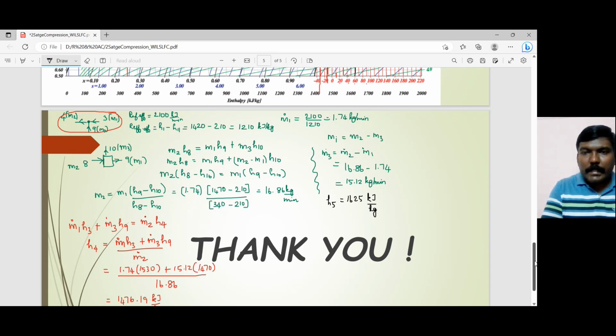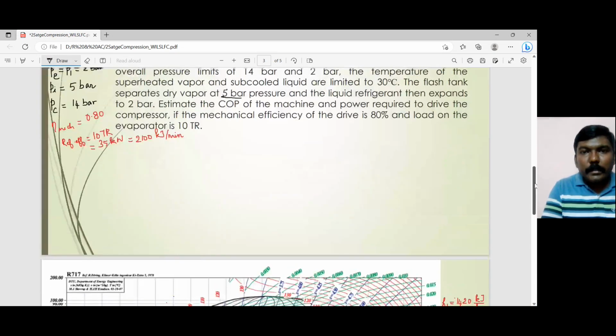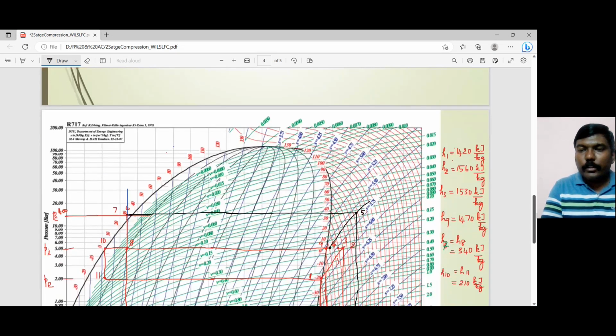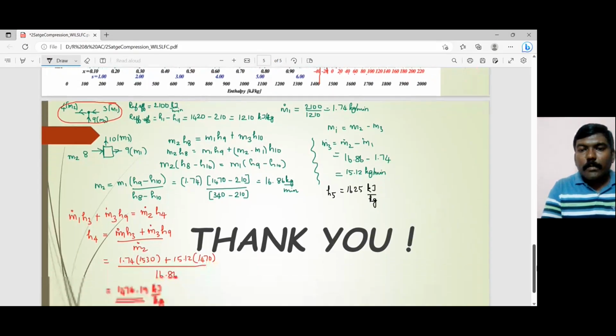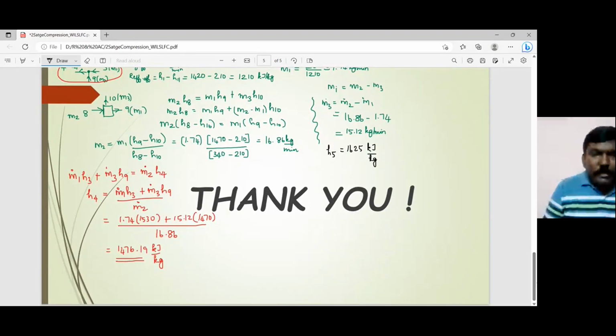The question is, they want us to find the COP of the machine. We already know the refrigeration effect. So now what we have to find out is the work done in case of the low pressure compressor. So that is going to be M1 dot times H2 minus H1. So that is what is going through the low pressure compressor. For the high pressure compressor, I have the mass flow rate M2.